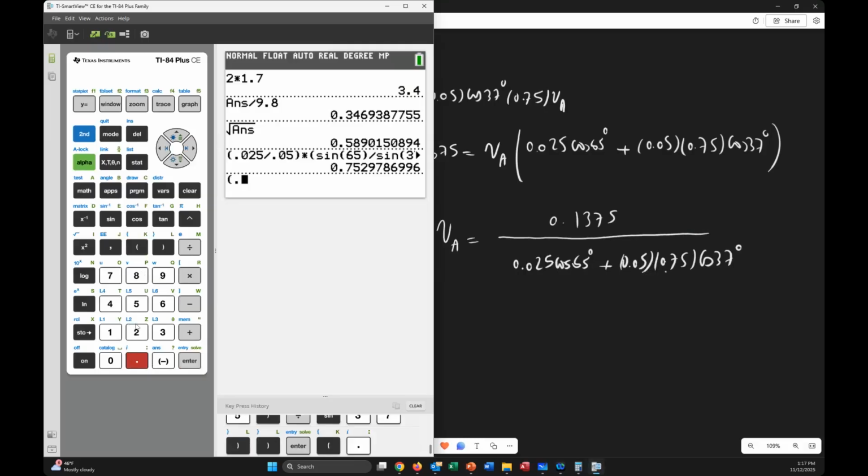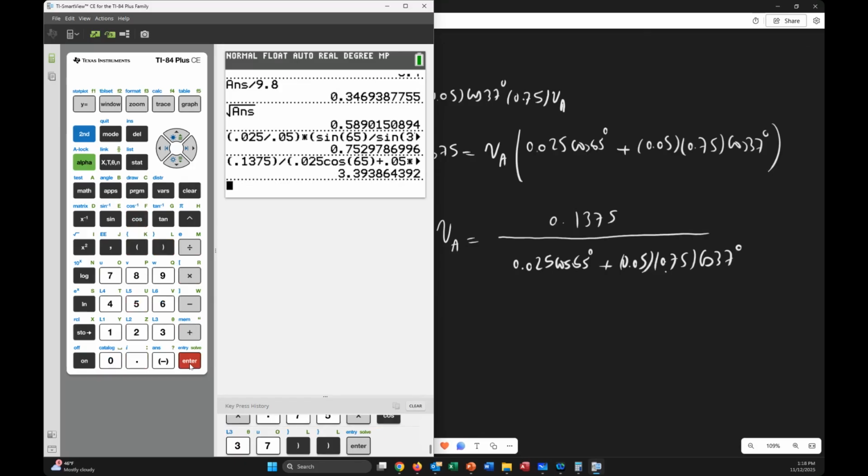So 0.1375 divided by parentheses 0.025 cosine 65 plus 0.05 times 0.75 times cosine 37, close the parentheses.